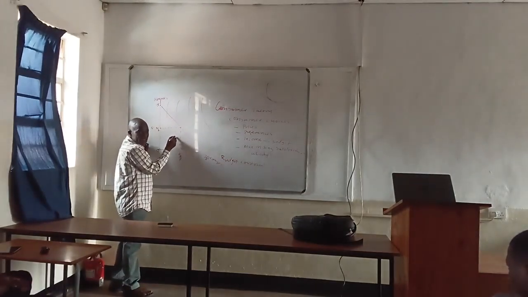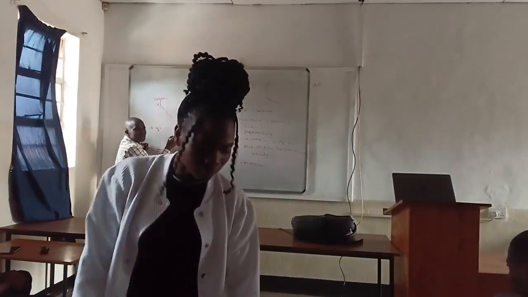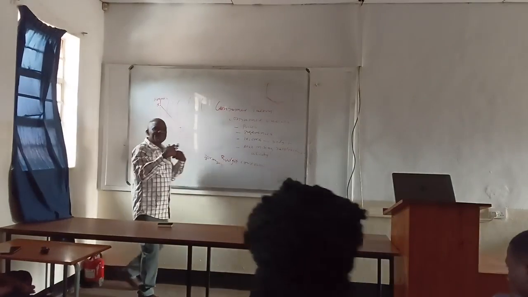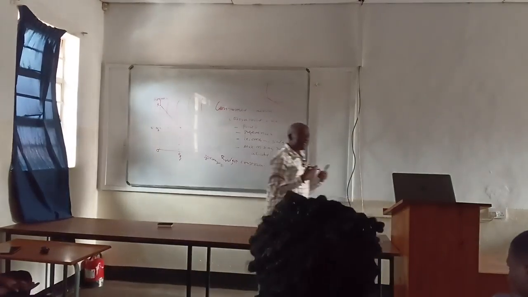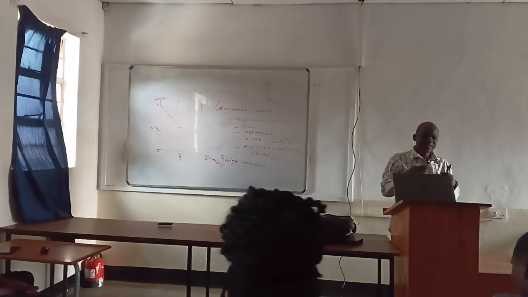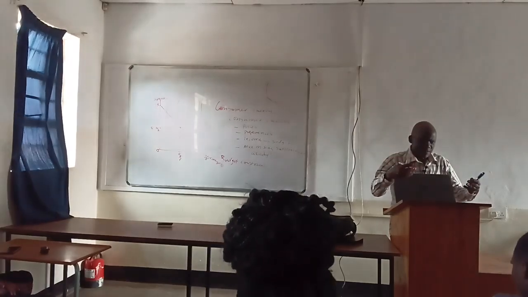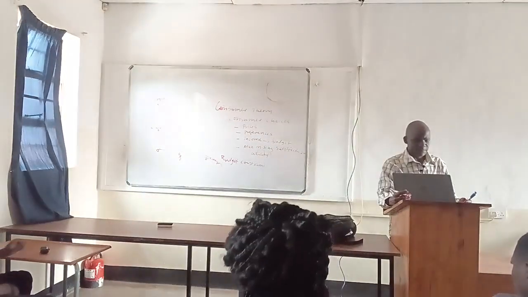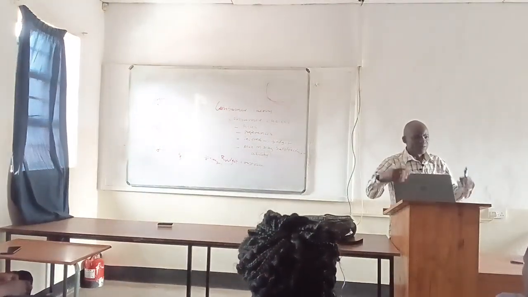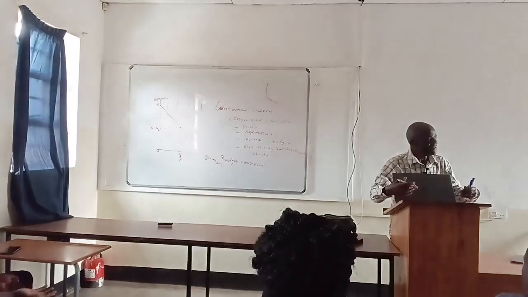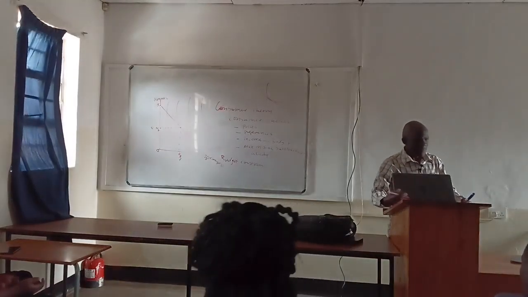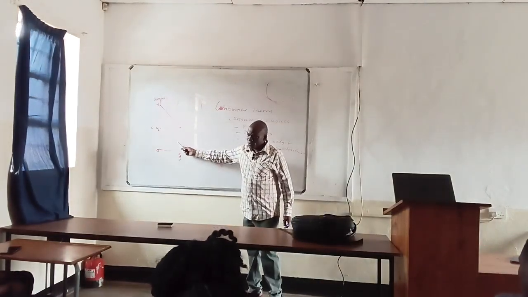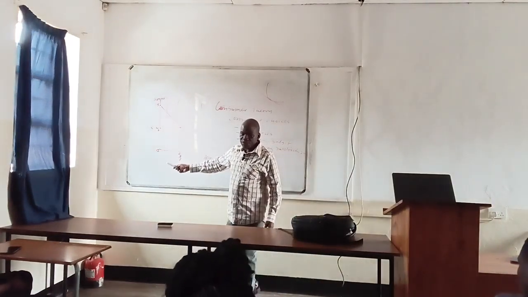You cannot choose something that gives you less happiness when you can afford something that can give you higher happiness. Human beings are rational. You cannot choose an inferior choice because this one inside here is an inferior choice.